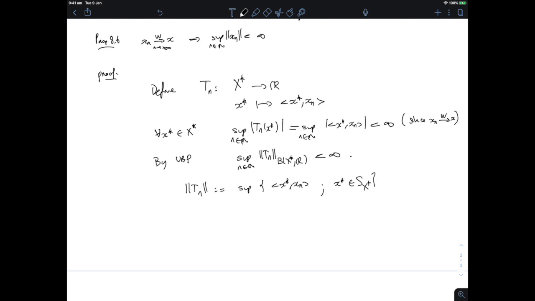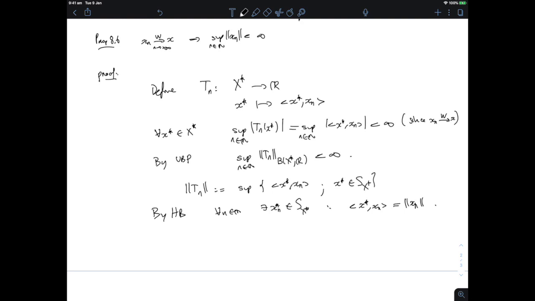Okay, so can I get the norm of xn? How does that compare to the norm of xn? Well, we know by Banach's theorem that for every n, there exists a norming function, right? There exists an element xn star in X star, in fact in the unit sphere of X star, that is such that ⟨xn star, xn⟩ is exactly equal to the norm of xn.